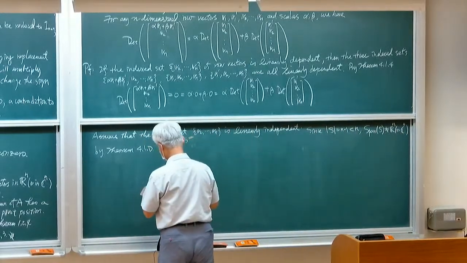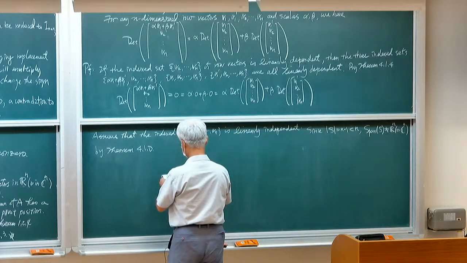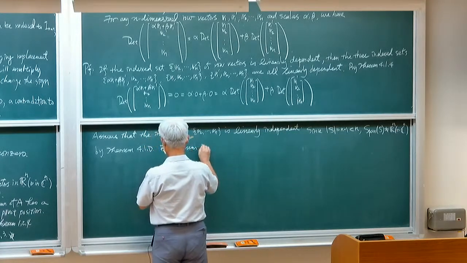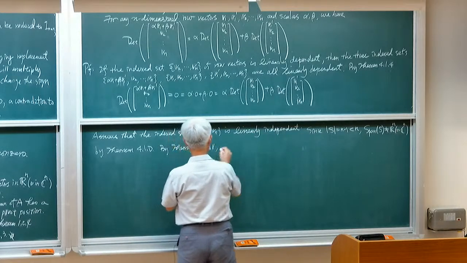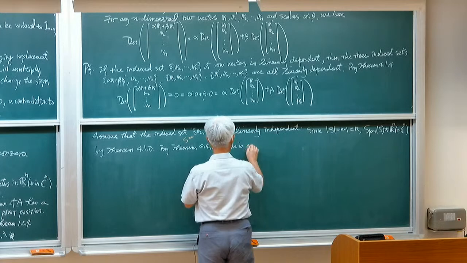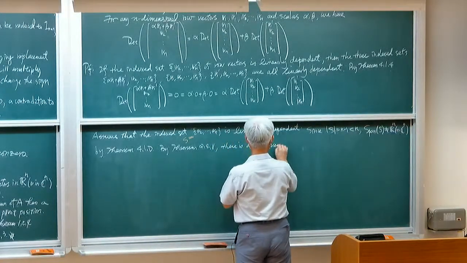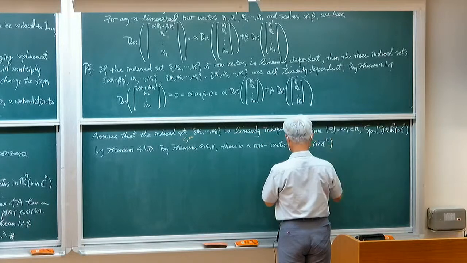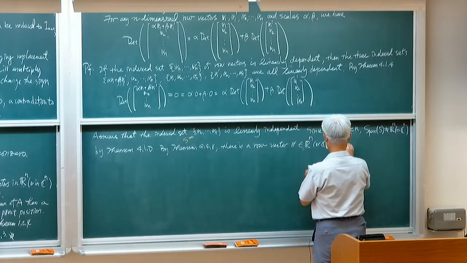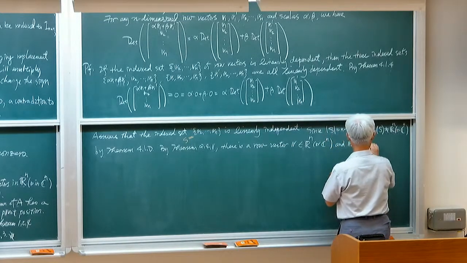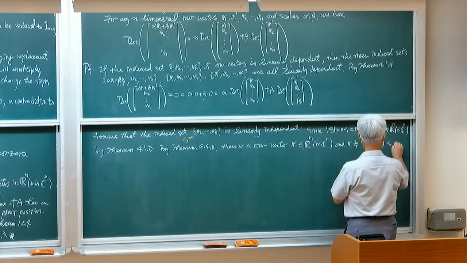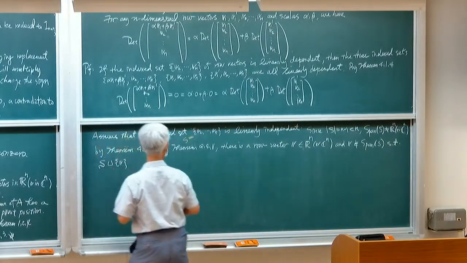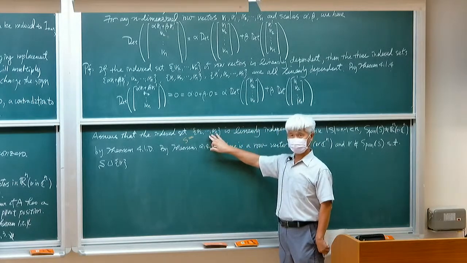And so we can pick up, by theorem 2.4.11, there exists a row vector R in Rn that is not in the span of X, such that the set union R, so we can increase the size of the linearly independent set, right?